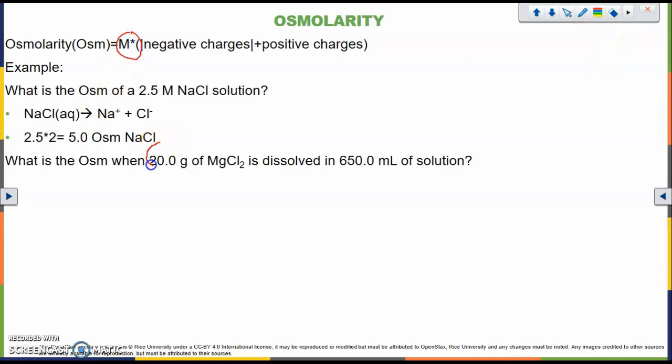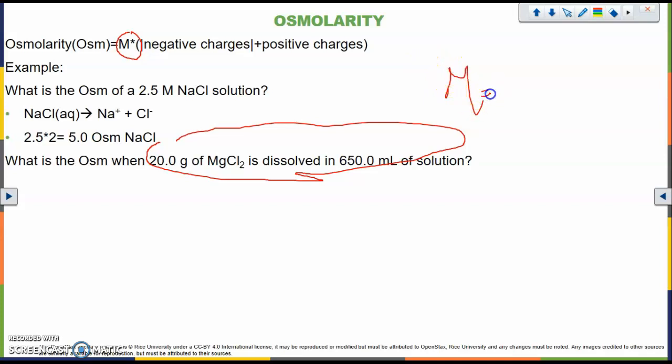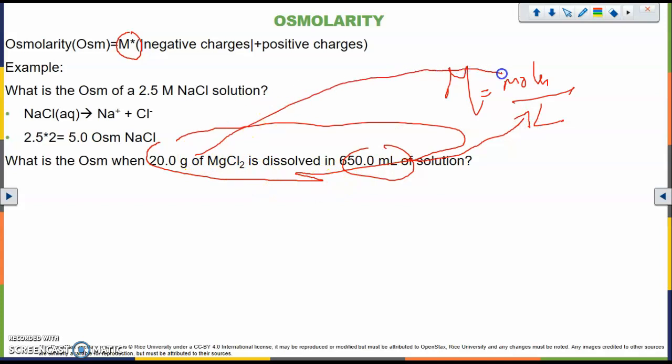So we need to convert all of these things into molarity first. Now again, remember, molarity is moles over liter. So we need to convert this into liters, and we need to convert the grams into moles.